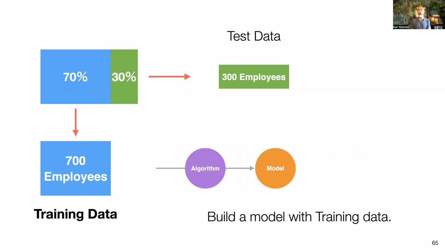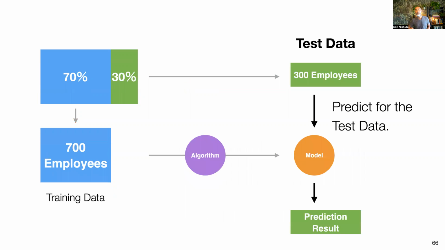Once you have the model, we pretend the test data, the 300 employees' data, is new data that doesn't have answers. Even though there are answers, from the model's point of view it doesn't know the answer for this test data yet. So give these 300 employees to the model and have the model predict, and then you get the prediction result.